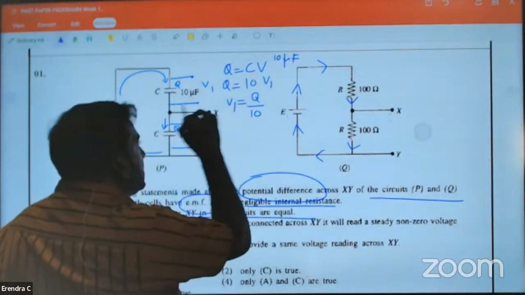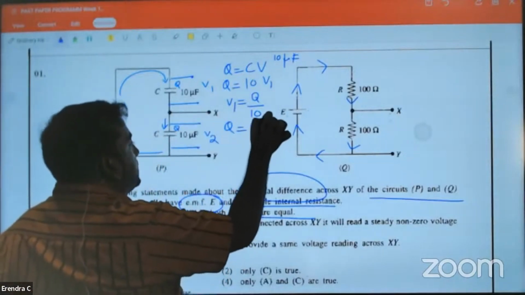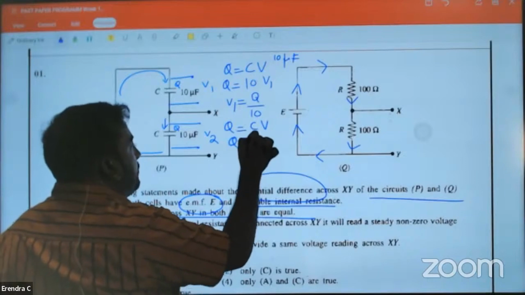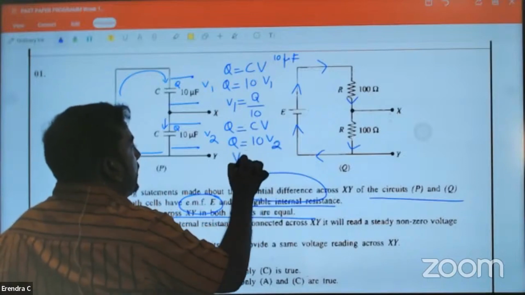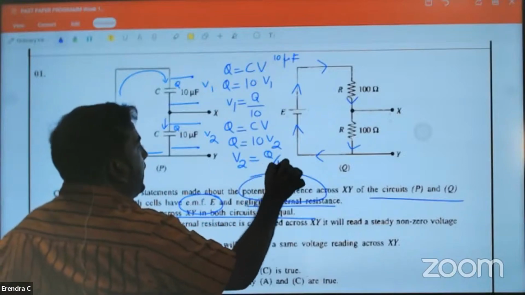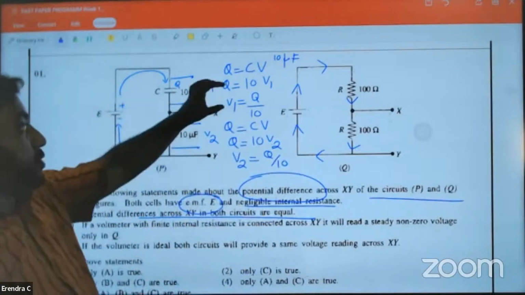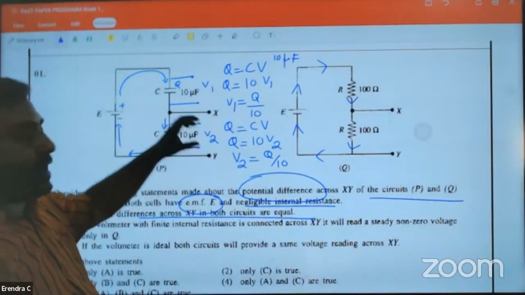So here also Q divided by 10, here also Q divided by 10.